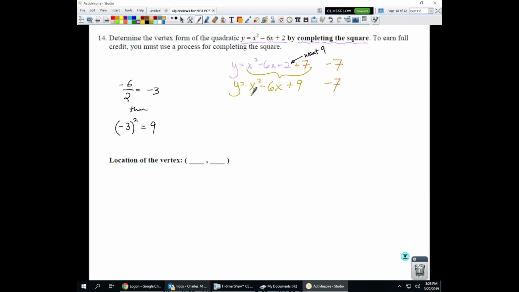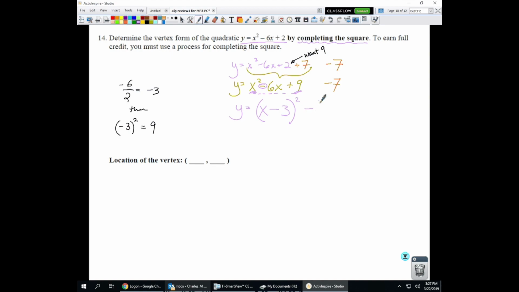Now, this expression, the x squared minus 6x plus 9, being a perfect square trinomial, can be written in the form of a binomial squared. To know that binomial, the square root of x squared is x. The square root of 9 could be either 3 or negative 3, but I'm going to match the sign in the middle here. So it must be minus 3, x minus 3 squared.